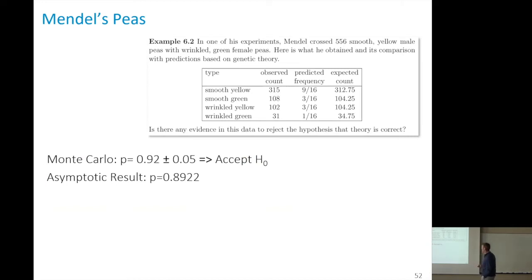For example, I did that for Mendel's peas, and I obtained with this asymptotic result 0.89. My Monte Carlo estimate was 0.92. This is within the confidence interval, so the two methods give consistent values here.